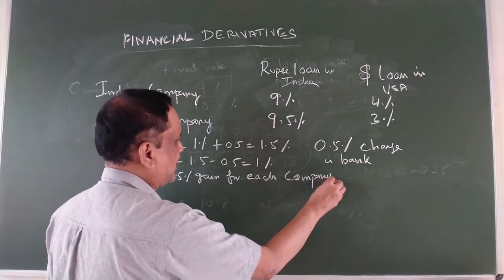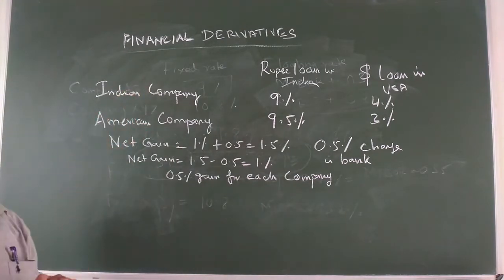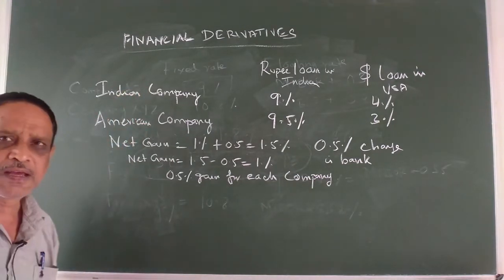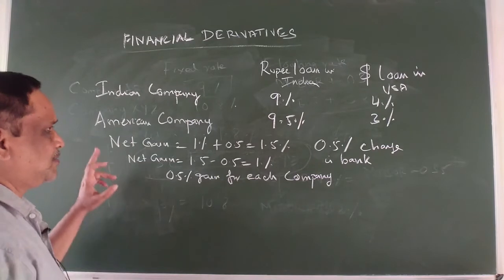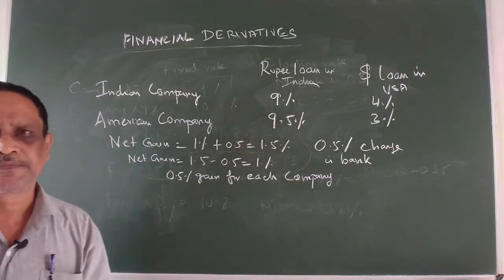So, we are going to get a situation where both companies will be gaining 0.5% and the bank is going to charge 0.5%. Okay.